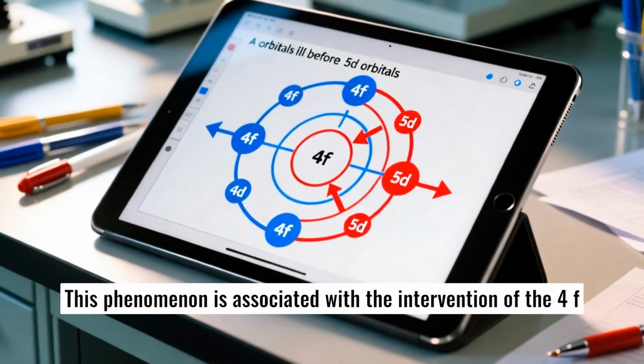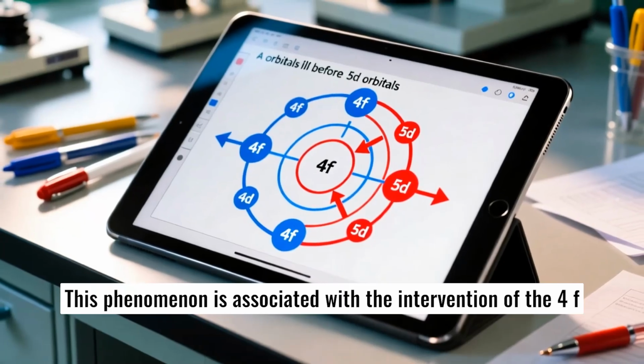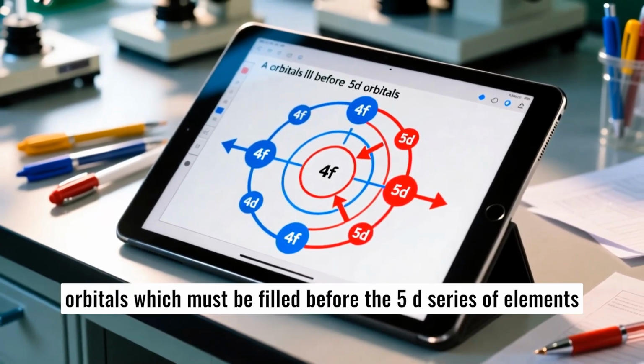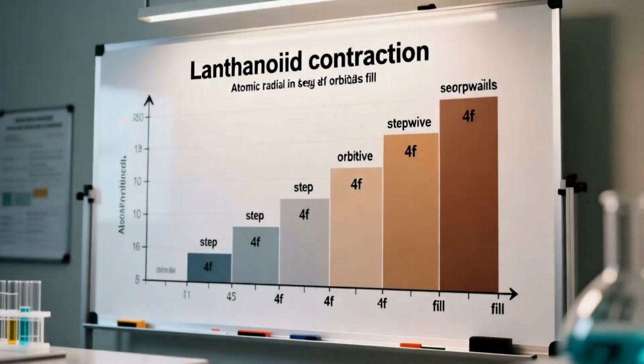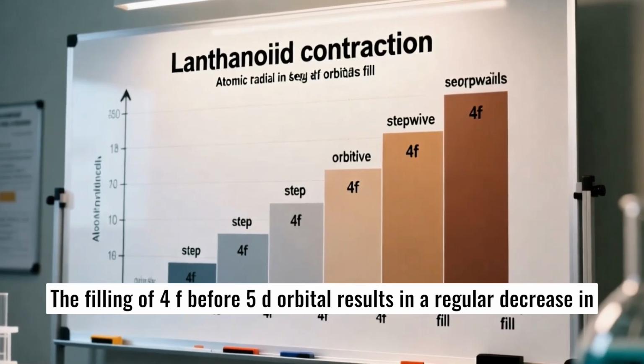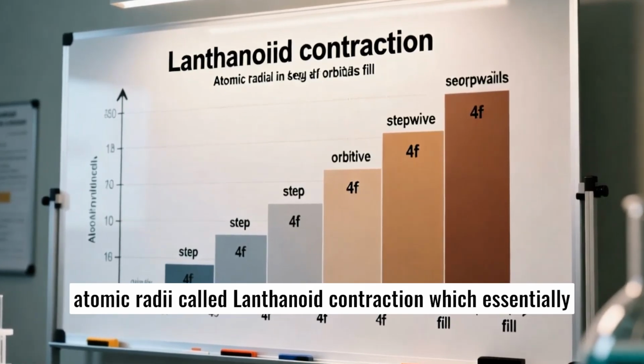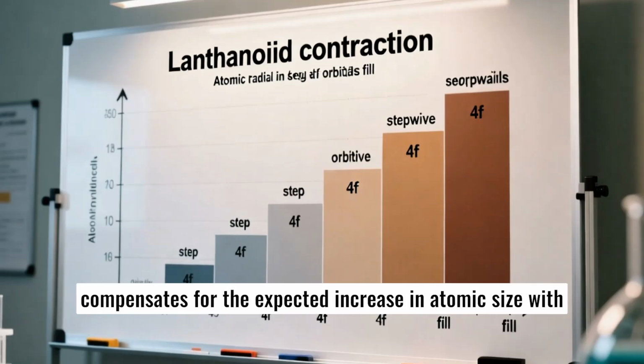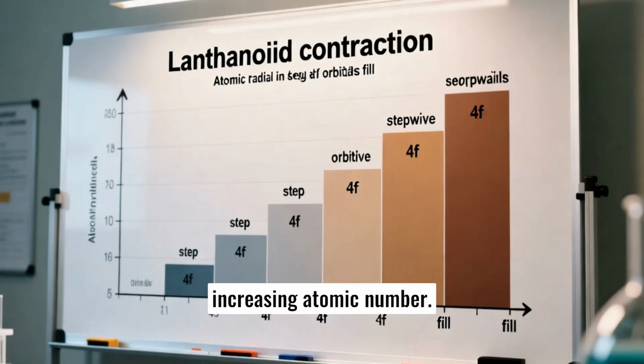This phenomenon is associated with the intervention of the 4f orbitals, which must be filled before the 5d series of elements begin. The filling of 4f before 5d orbitals results in a regular decrease in atomic radii called lanthanoid contraction, which essentially compensates for the expected increase in atomic size with increasing atomic number.